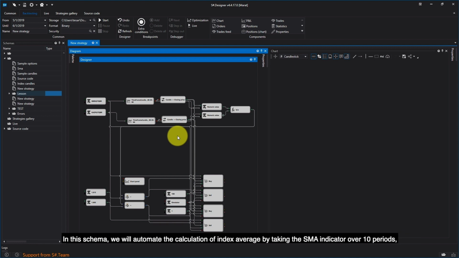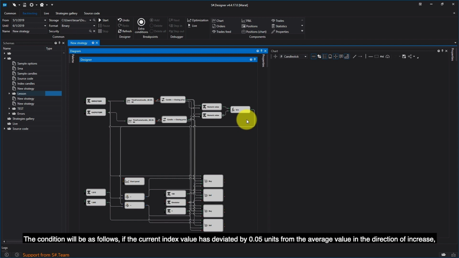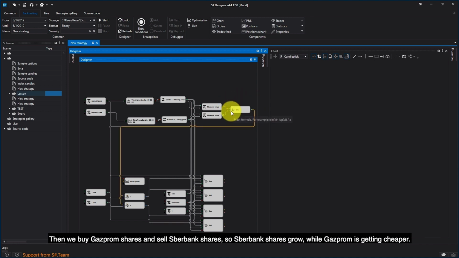In this schema, we will automate the calculation of index average by taking the SMA indicator over 10 periods, and using the formula cubes, set the limit index values that determine the strategy behavior in the market. The condition will be as follows. If the current index value has deviated by 0.05 units from the average value in the direction of increase, then we buy Gazprom shares and sell Cyberbank shares, so Cyberbank shares grow while Gazprom is getting cheaper.